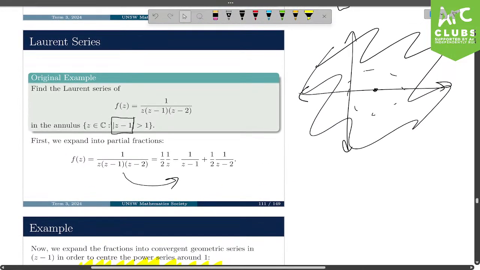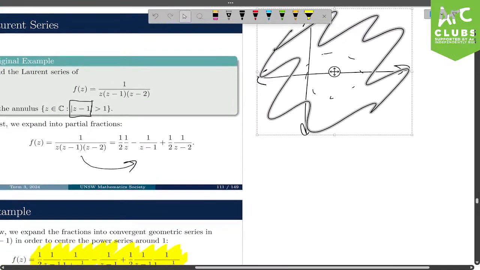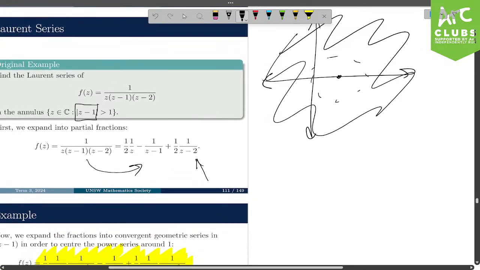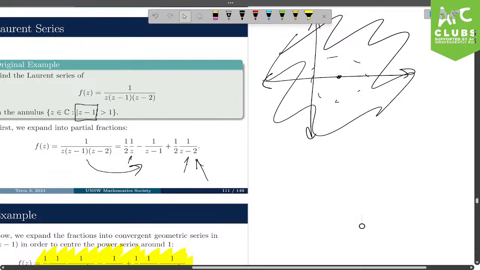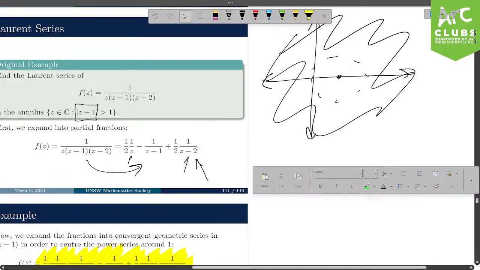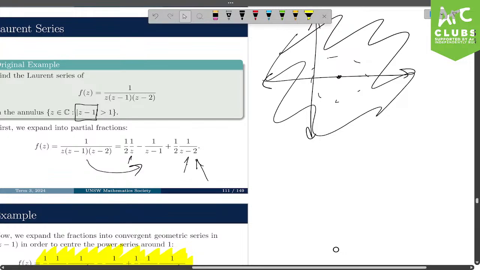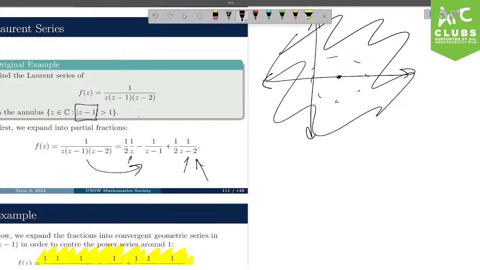Okay? Now, there's a couple of things we want to highlight just in this step. Since we want it to be about 1, we have this one is a distance 1 away. This one is a distance 1 away. Now, given that the distance of z from this point is greater than 1, then we have a little issue.